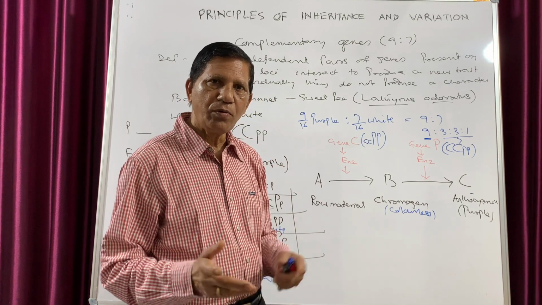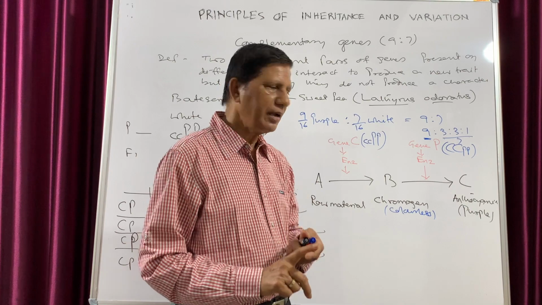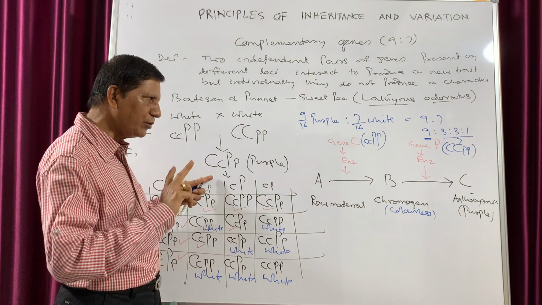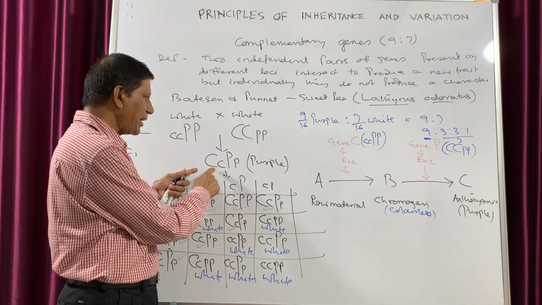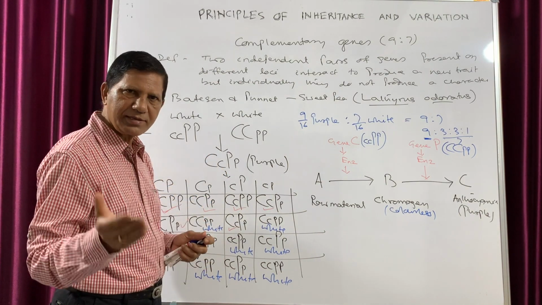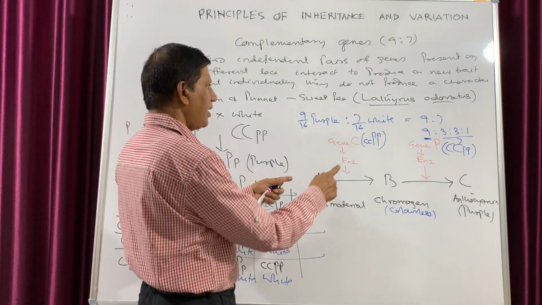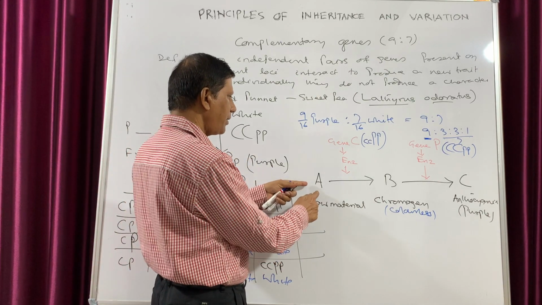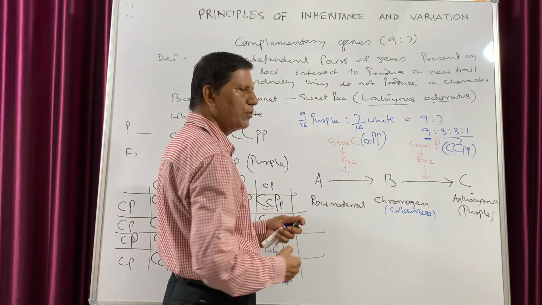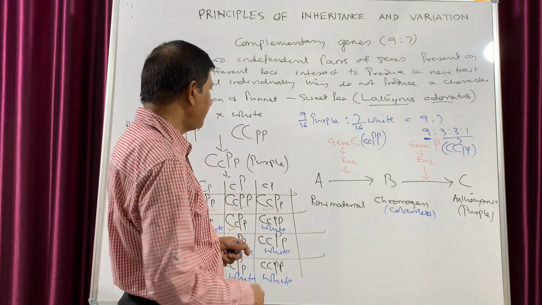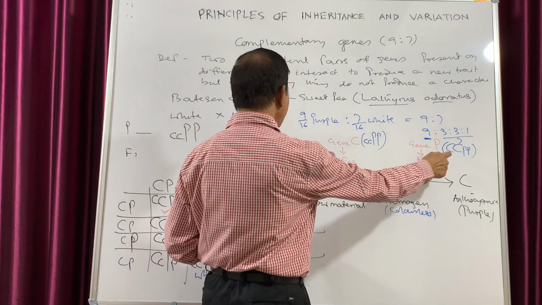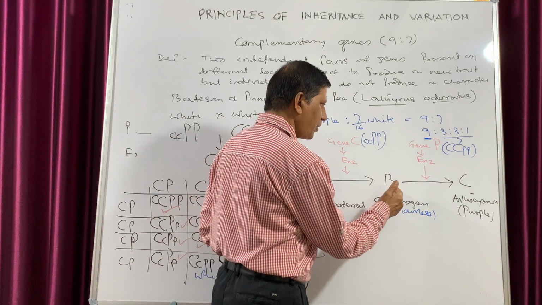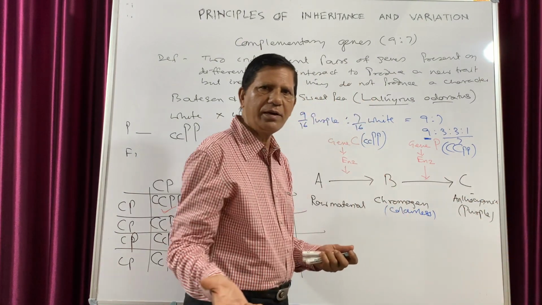But when both are present together, in case of the F1 hybrid, what is happening you see? When both capital C and capital P are present, the capital C, which is present in this white plant, is converting the raw material into the intermediate chromogen, and the capital P from the other plant is converting the intermediate product chromogen to anthocyanin, which is purple in color.